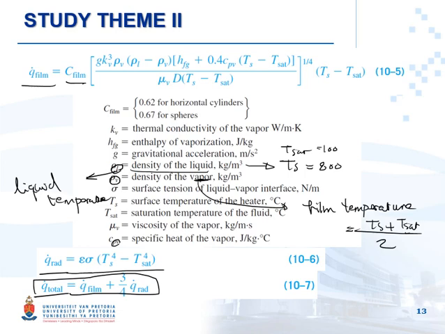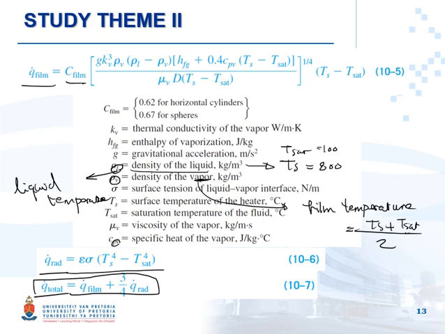Higher bubble formation, higher heat transfer rate. So it means that any way that we can increase the number of nucleate sites, or the rate of bubble formation, will end up increasing the rate of heat transfer.